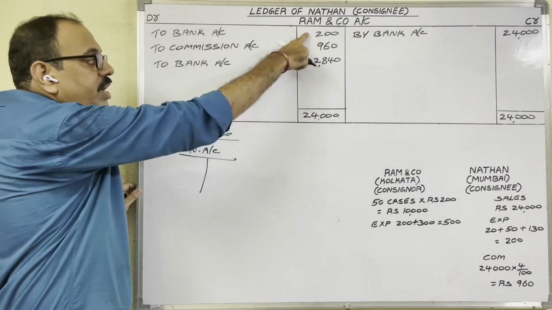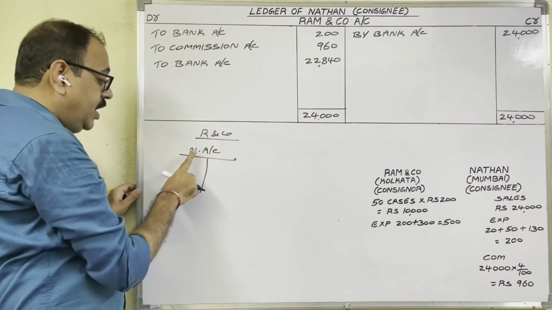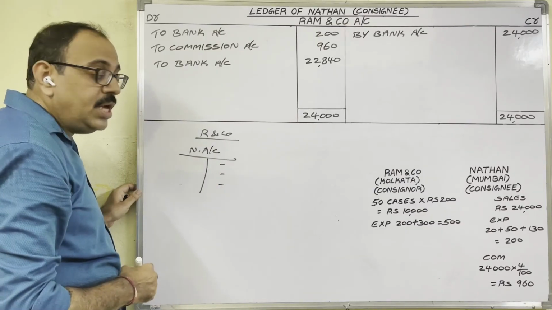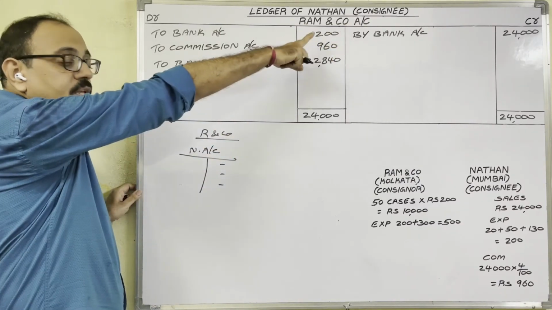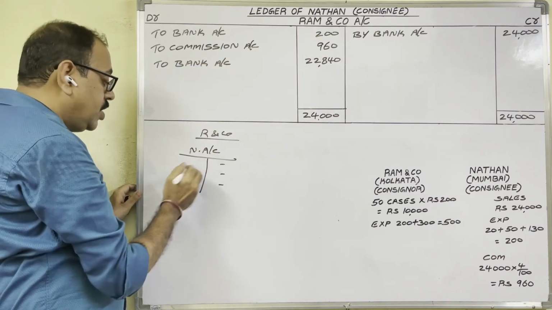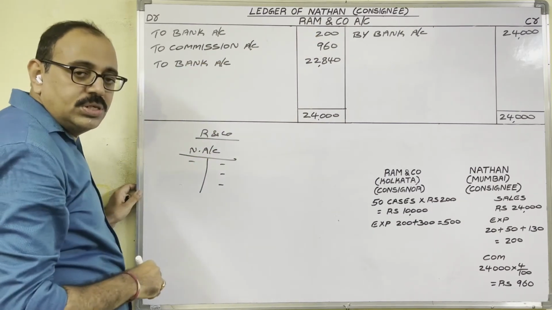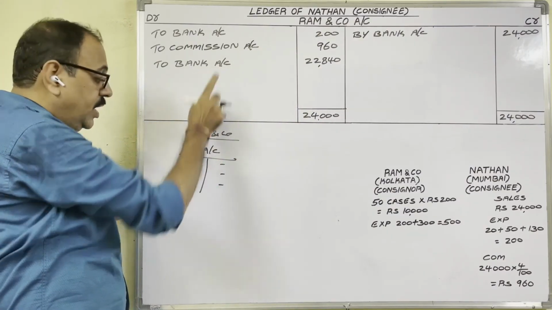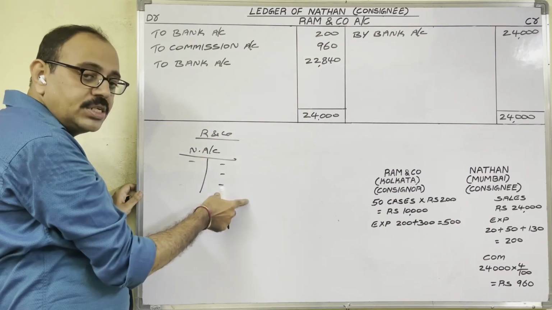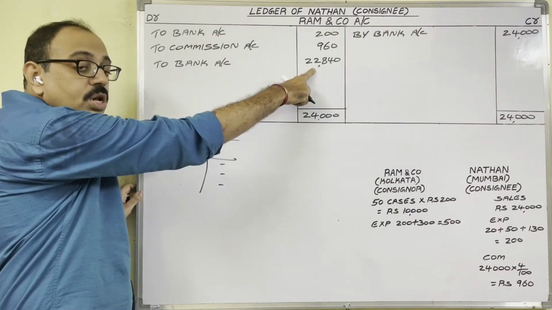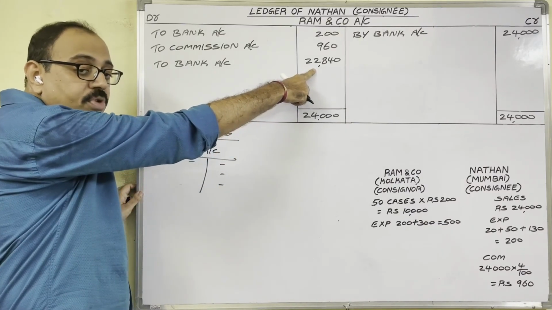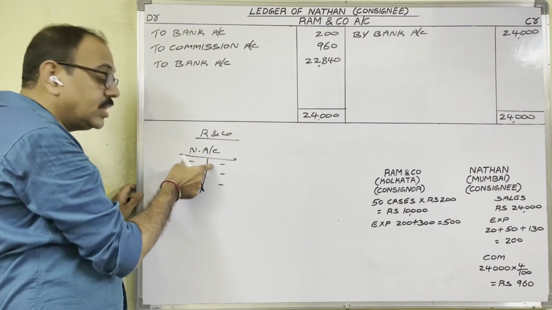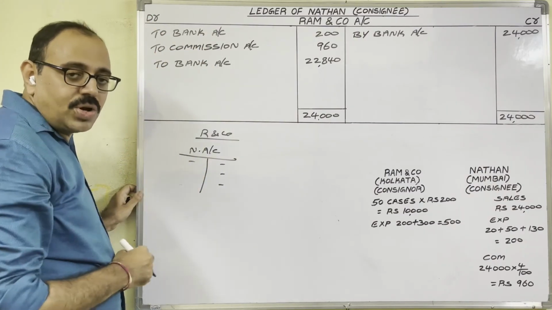Whatever we debited here, in Nathan account these amounts are coming on the credit side. Similarly, whatever we credited in this account, in Nathan account we wrote on the debit side. In this account, our answer is coming on the debit side now. In Nathan account, the answer came on the credit side. And the answer amounts are also the same. But remember one point, don't write these words in the particular column of Nathan account, because the journal entries are not the same.